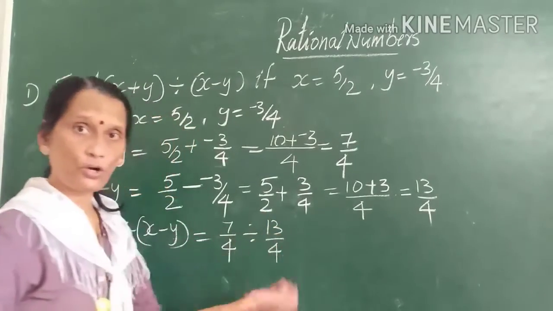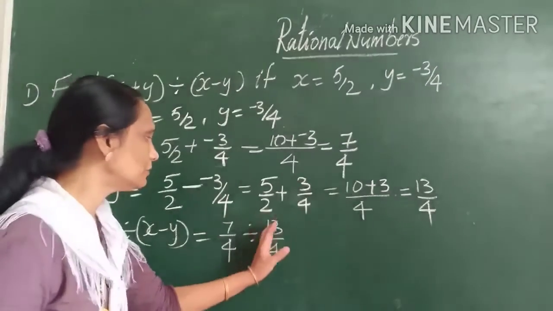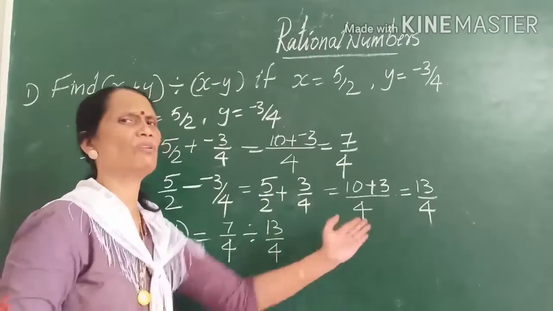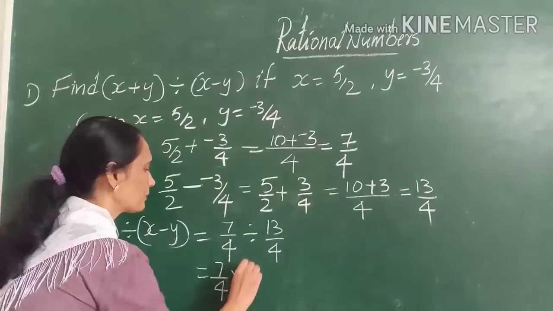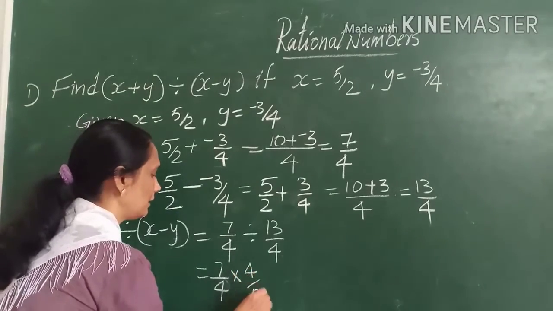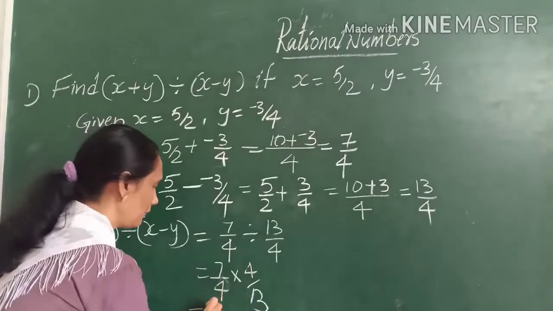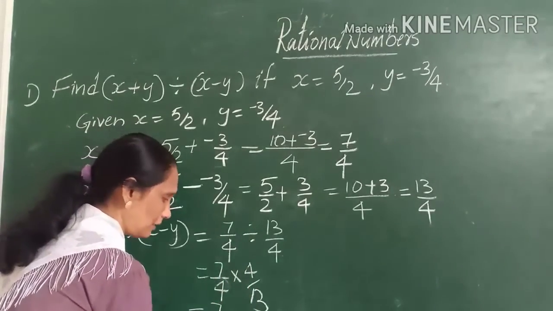So instead of division, what will we do? We will take the multiplicative inverse or the reciprocal of 13 by 4 and multiply it. So 7 by 4 into the reciprocal, 4 by 13. By cancellation of 4 and 4, finally we will get the result as 7 by 13.